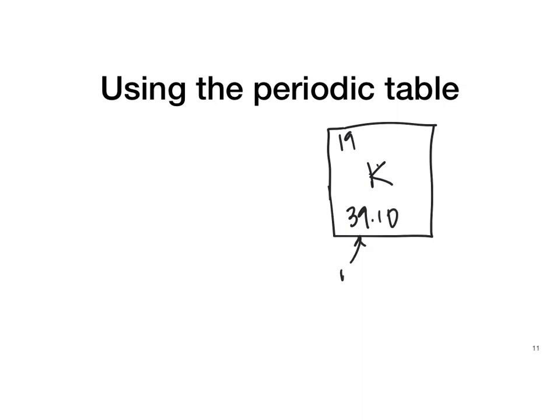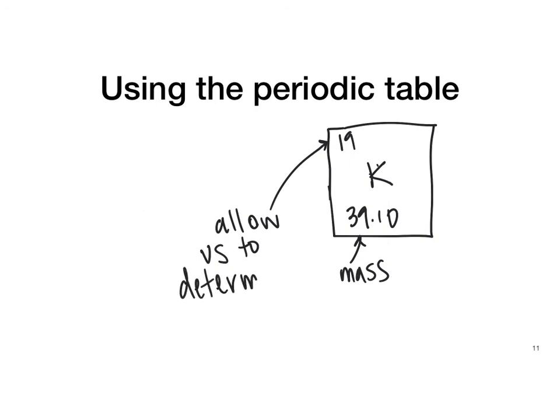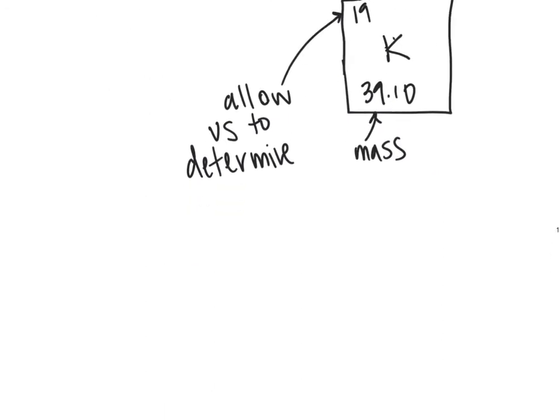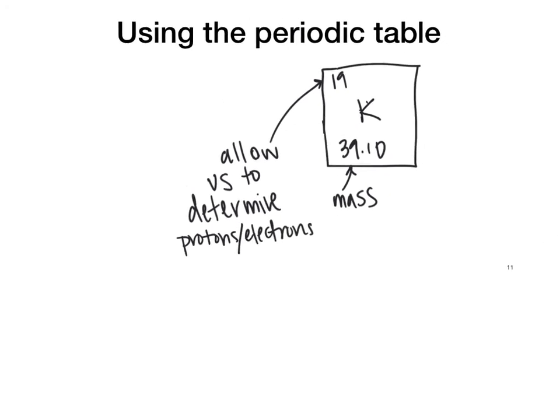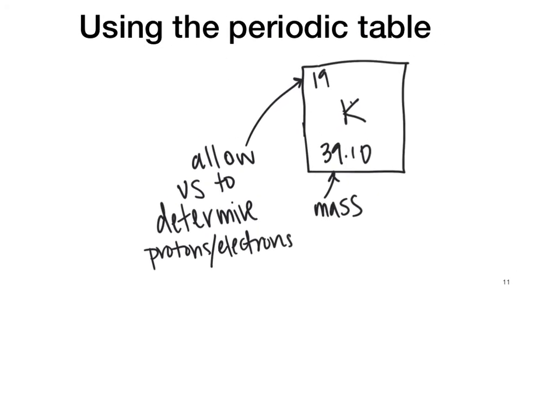So this is the mass that we will use, and this number here would allow us to determine protons and electrons, because that's the atomic number. The mass number needs to come from a different location.